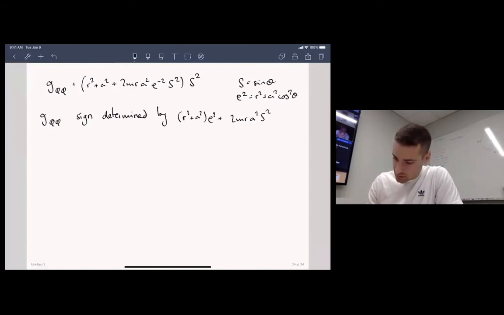All right, so the sign of this guy is obviously going to be controlled by this guy because this is positive. So that's just what I'm writing here. And so we can just write this f of r theta, if you will, just by expanding out what I just wrote.